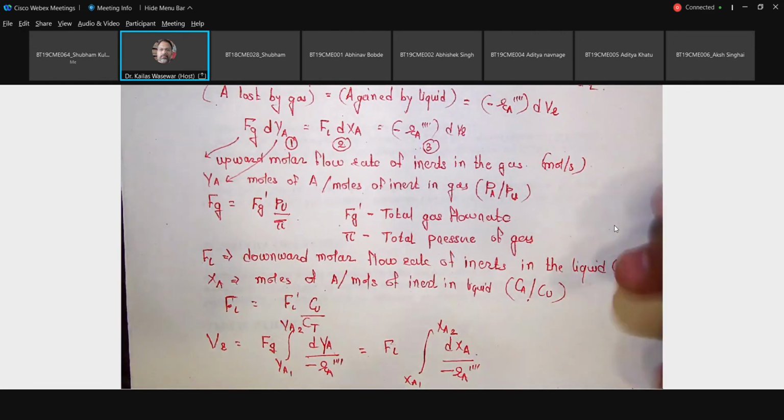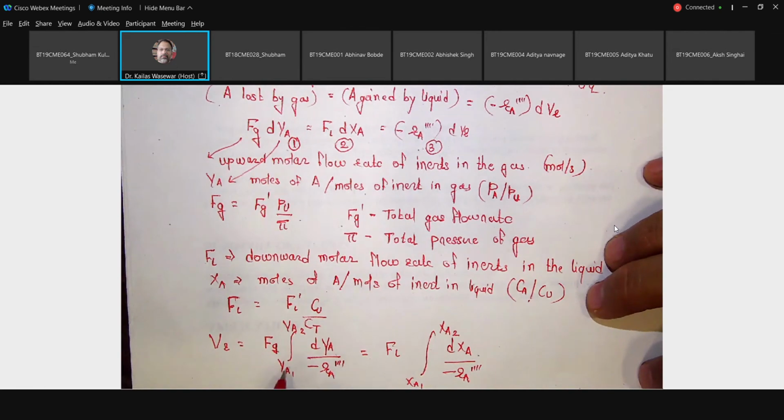Now, if you are taking this double prime, then small a will be in the denominator.